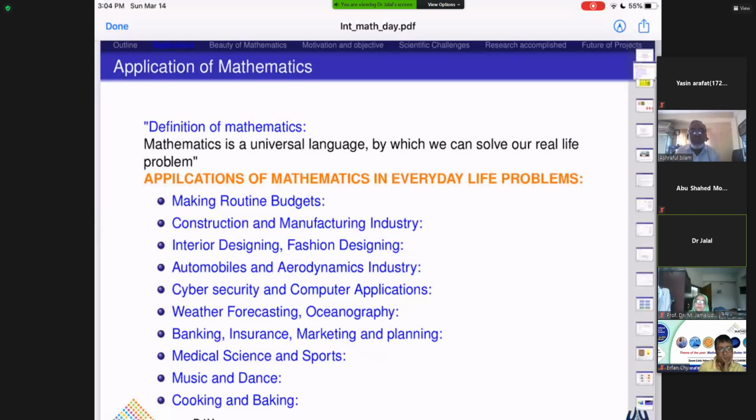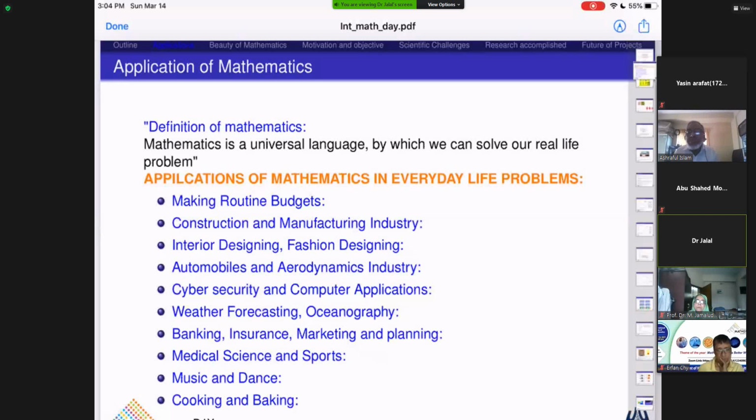If you understand mathematics, it is not impossible to solve any problem. Sometimes I say, funnily, if you want to get married, you are in a problem, so use your mathematical analysis, then you will succeed.